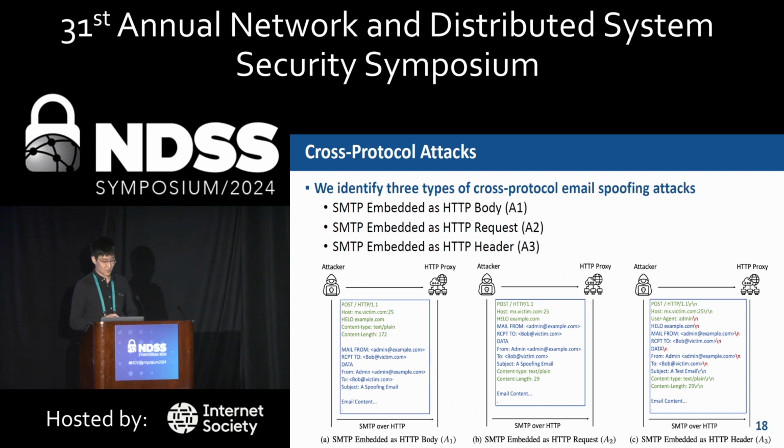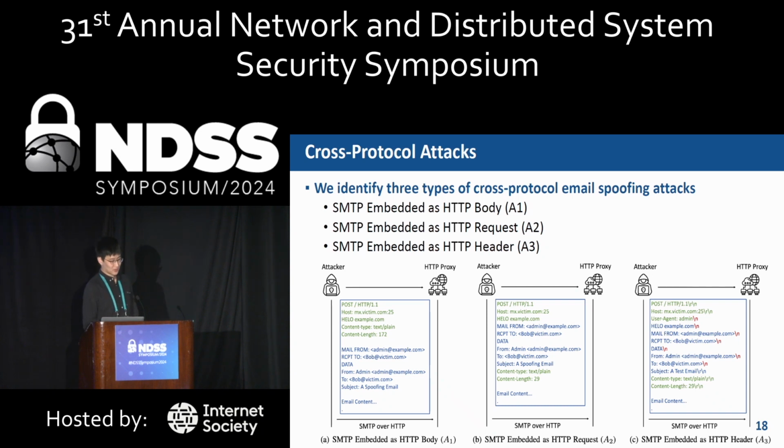Based on this idea, we try to embed SMTP data into the HTTP packages and send them via CDN services or HTTP proxies. Luckily, we made it. Email services can receive emails sent in this way, which means attackers can also perform email spoofing attacks by using HTTP services.